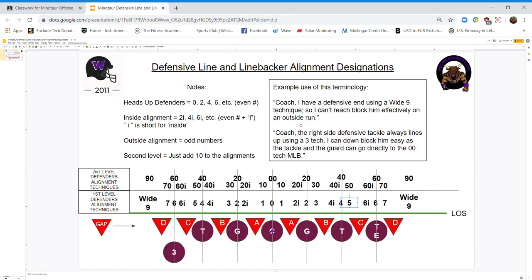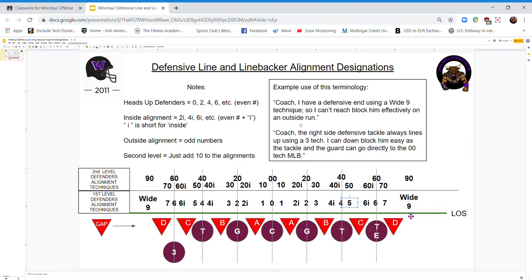So then your odd numbers mean that they have an outside alignment off of you. Again, moving from the center out, a 1 is on the outside of the center, a 3 is on the outside of the guard, 5, 7, etc. You have the wide 9. That's referred to if you've got a guy lined up way outside, a whole gap over.